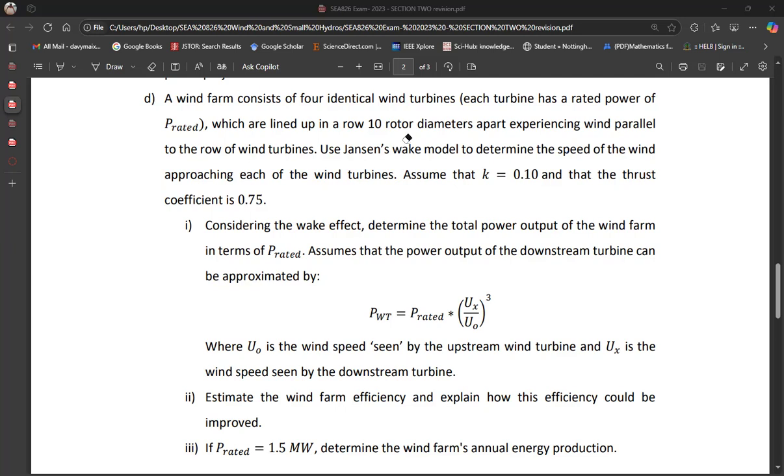So the wind speed keeps on reducing in each and every turbine. And if the wind speed keeps reducing, we expect that the power, or that means the energy being generated, keeps on reducing. So we shall just get to this one. I had done it also. So let's go to the solution.